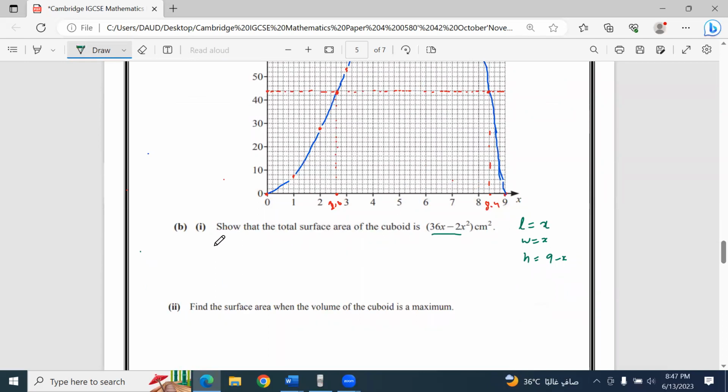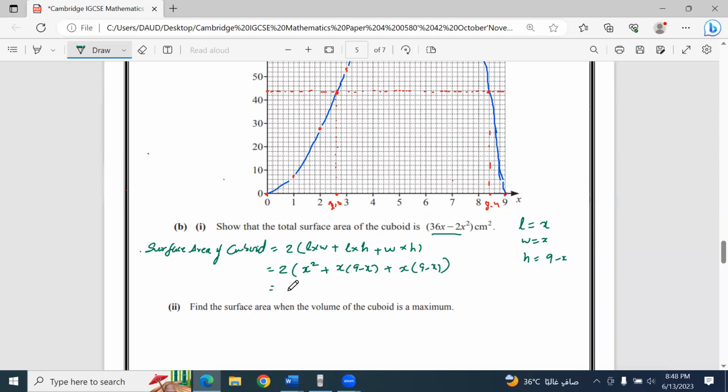And remember that for a cuboid, we have the formula: surface area of cuboid is equal to 2 bracket open, length multiply width, length multiply height plus width multiply height. So 2 bracket open, length and width are both x, so x squared, and length is x bracket open 9 minus x, width is also x bracket open 9 minus x.